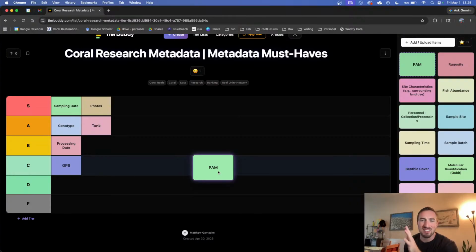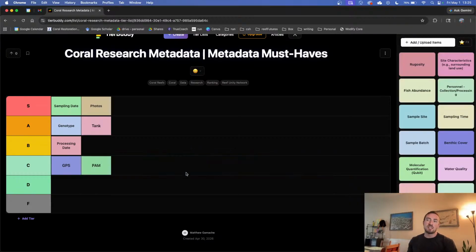If you're doing a symbiont study, symbiont stress, you really should be using PAM. If you're doing a coral stress study, or any study where you're manipulating the hosts or the holobiont, I would almost say you should do this, just to keep track of what else could be a source of variation in your data set.